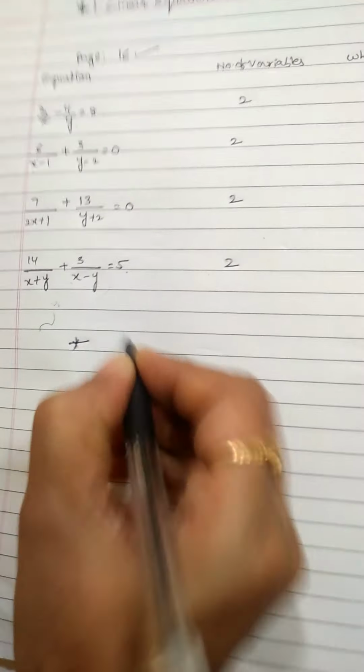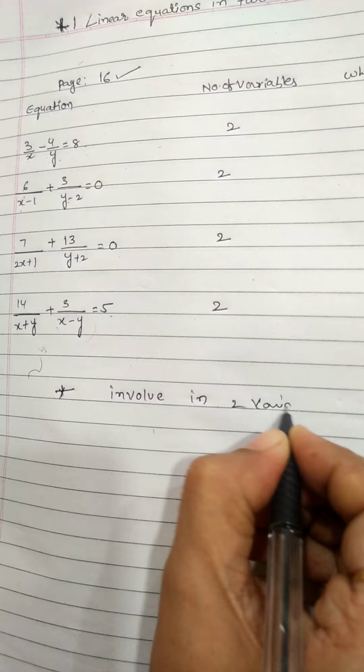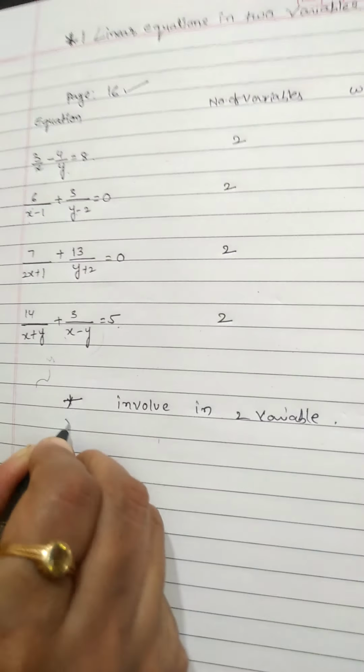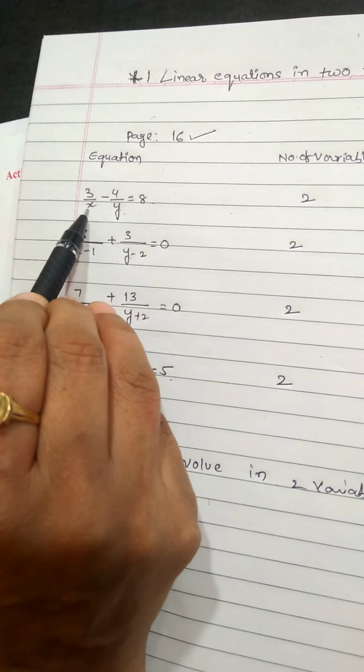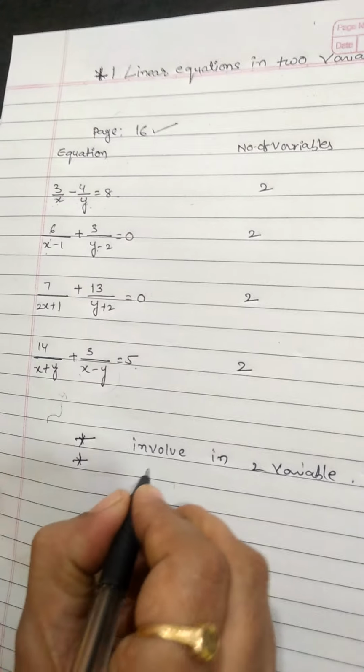What are those conditions? Firstly, a linear equation in two variables should involve two variables. And the second point is the degree of the variables, x and y. The degree of the variable should be 1.